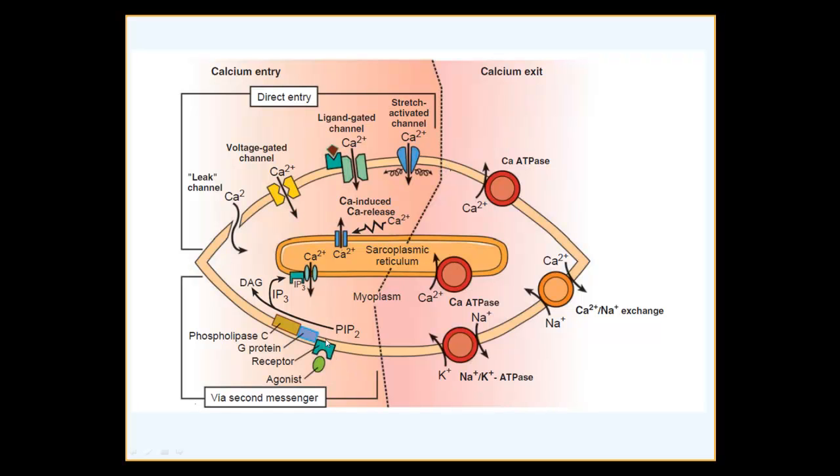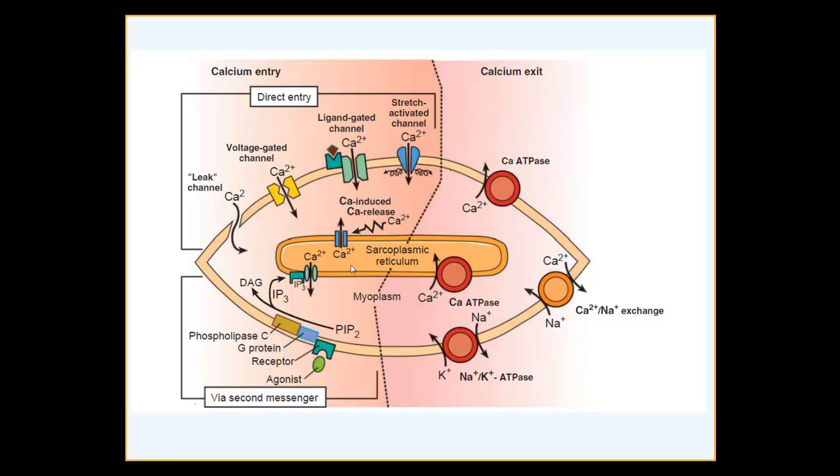Another place where we do not have depolarization is if it is by a ligand, and then we have a second messenger system where we are activating a receptor, and the receptor will activate a G protein, phospholipase C, PIP2, and then inositol triphosphate, and that will allow calcium to come out from the sarcoplasmic reticulum within the cells.